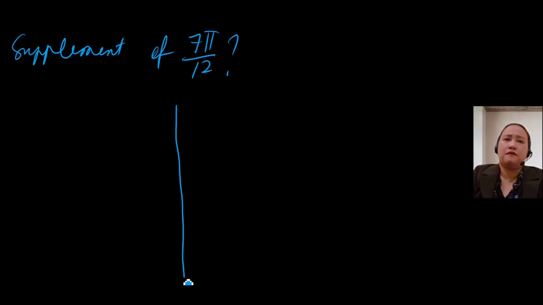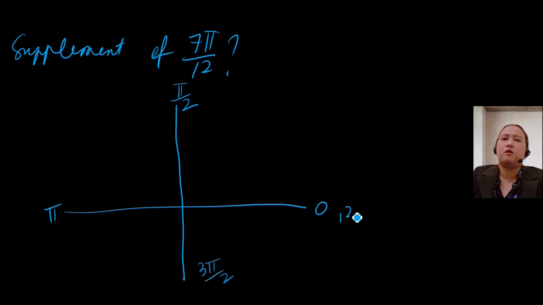Okay, so let us determine this graphically. We have here 0, and let us label first: pi over 2, pi, 3 pi over 2, then 2 pi. From the given, the denominator is 12, so we're going to divide the 0 up to pi into 12 equal parts.